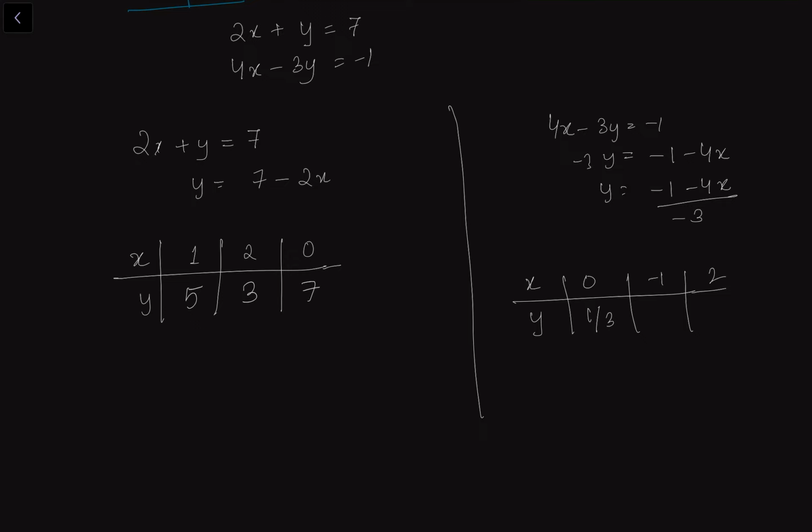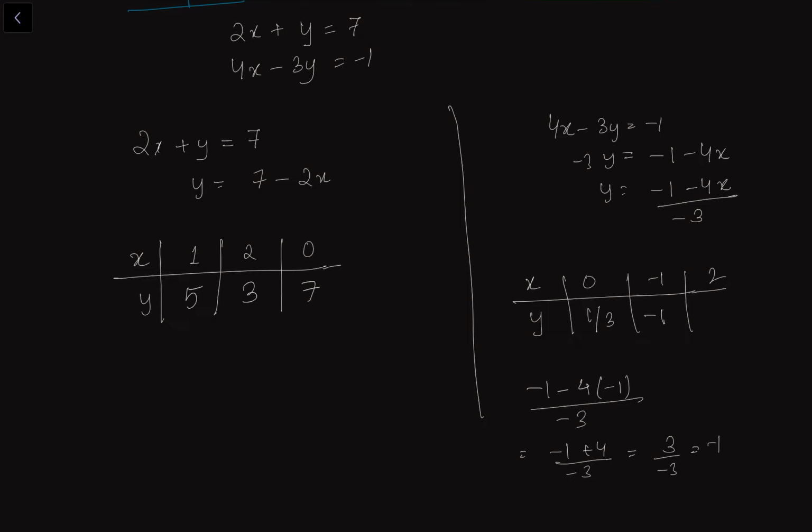Now why I took minus 1 and 2 is because if I put minus 1, you see minus 1 minus 4 into minus 1 by minus 3, it is minus 1 plus 4 by minus 3. So 4 minus 1 is 3 by minus 3. This is minus 1.